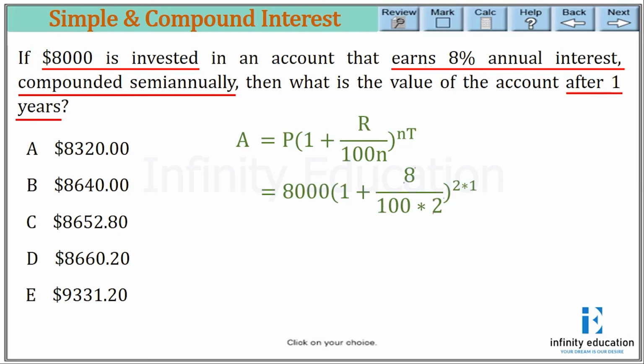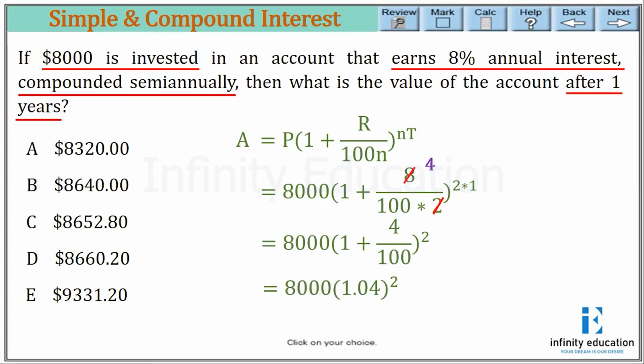Now if we do the simplification, we are having 8,000 into (1 + 4/100) squared, that is 8,000 into 1.04 squared, which equals 8652.80. That is, C is the answer to the question. I hope the question is clear to you.